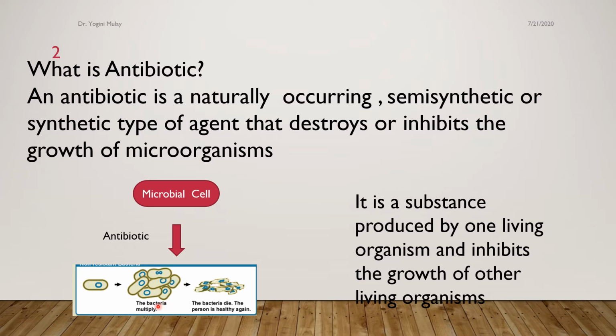Again, I will repeat, the antibiotic produced by this living organism will act on these bacteria, because of which these bacteria will die. This is known as the antibiotic. It is the substance which is produced by one living organism and it inhibits the growth of another living organism.